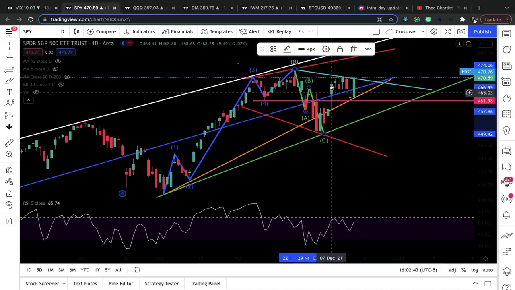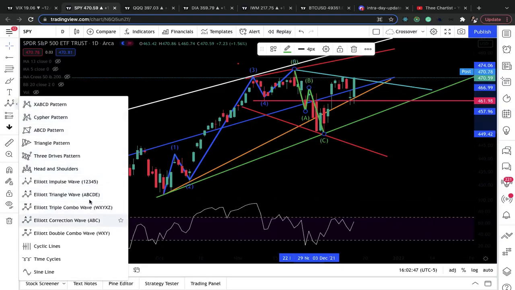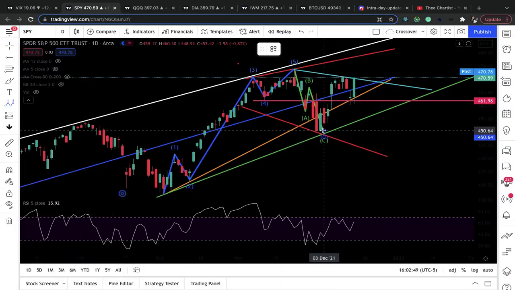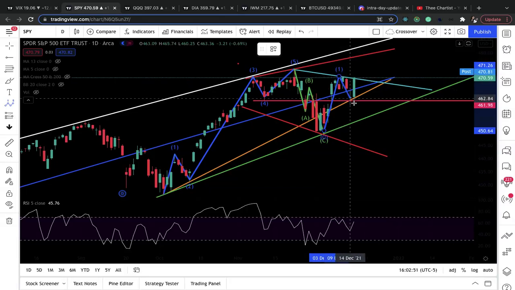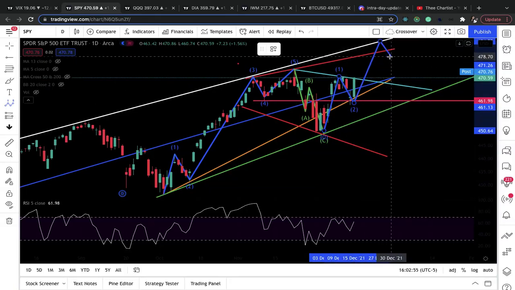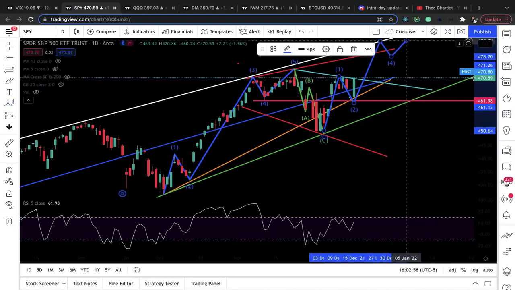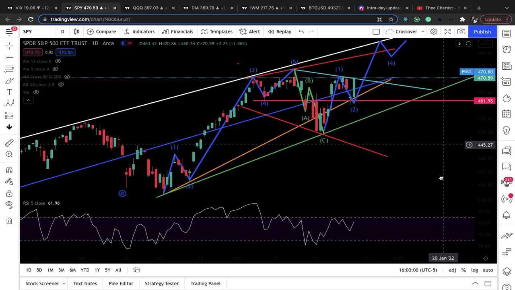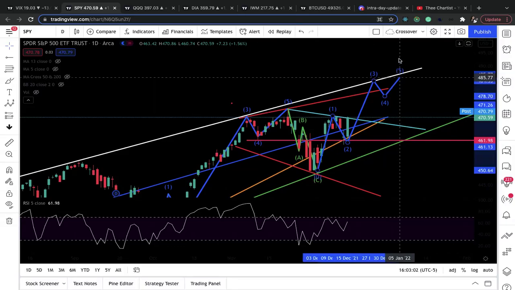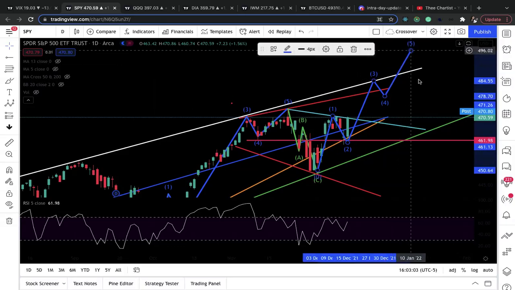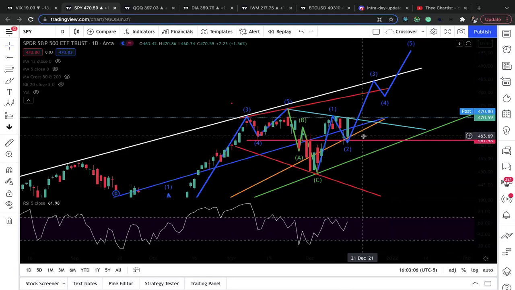Boom. Now it's looking like, as of right now, that this was actually wave 2. So wave 1, now this was 2. It looks like we've entered wave 3. Possibly get a backtest from there, and then we can go up to wave 5 for the breakout. That's what it's looking like.